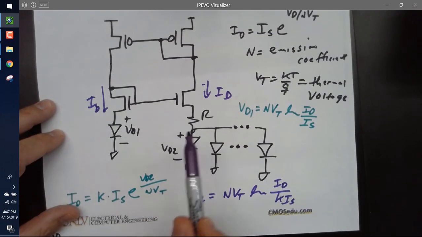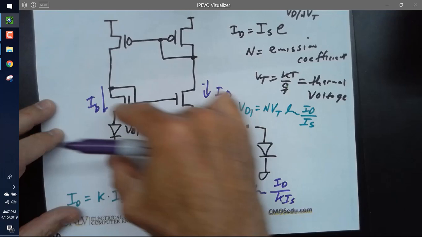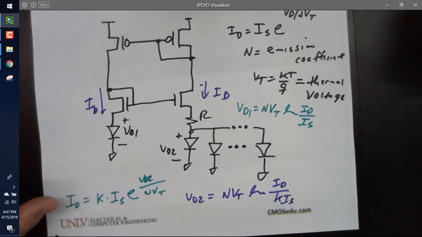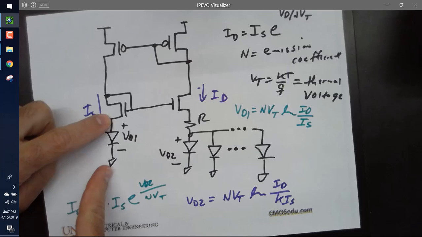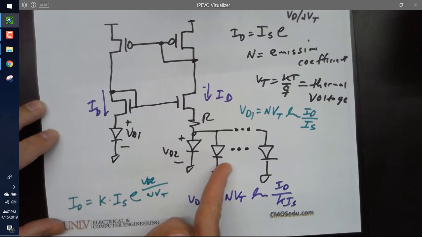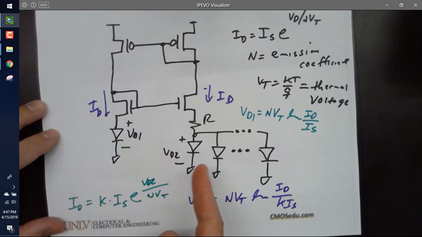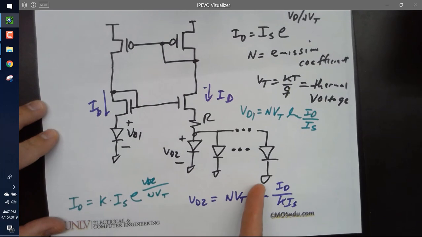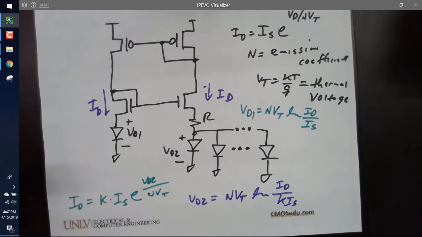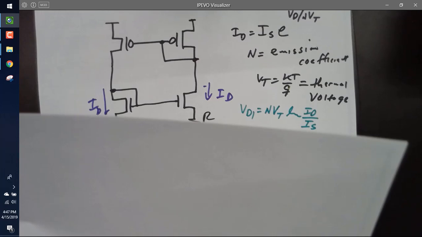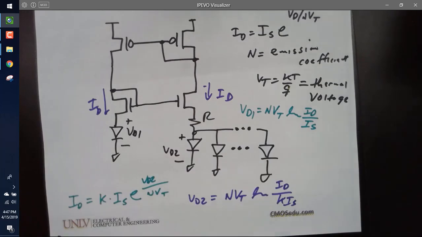Because the current splits, what can I say about the relative value of VD2 versus VD1? VD2 is going to be smaller because I got less current flowing in each diode, right? All right, so now, wait a sec, does this confuse anybody?